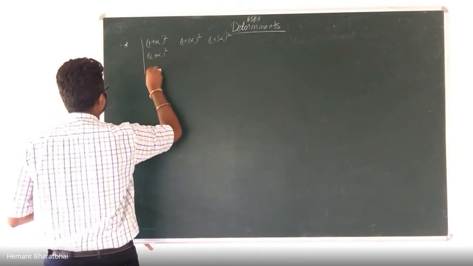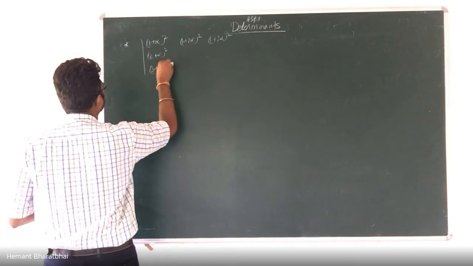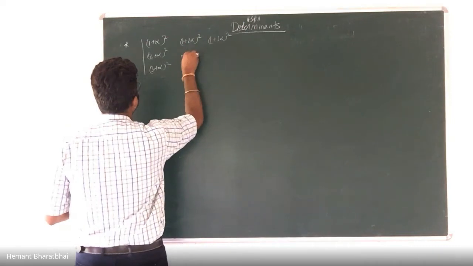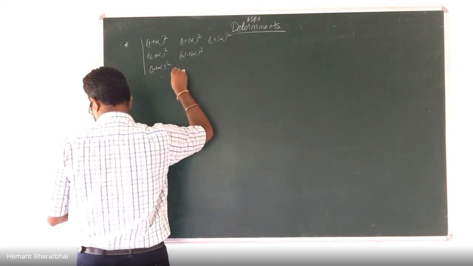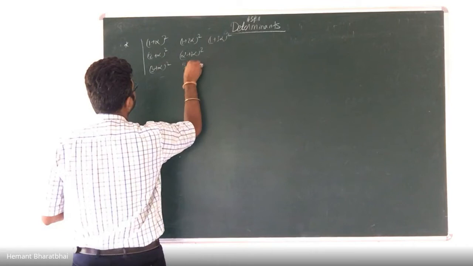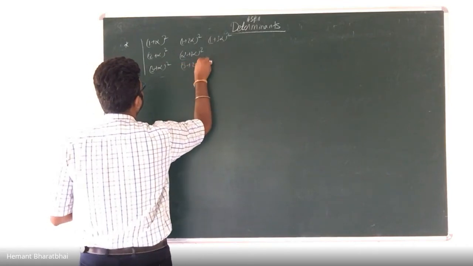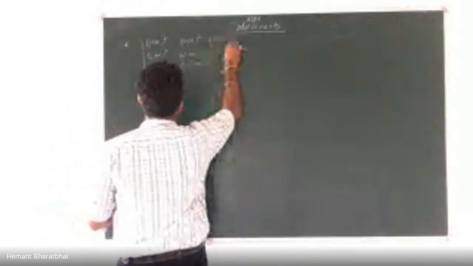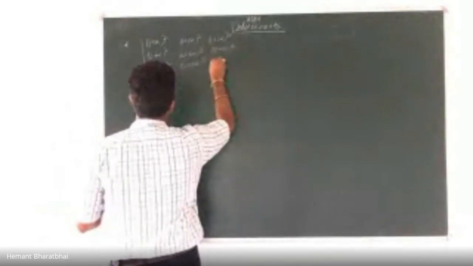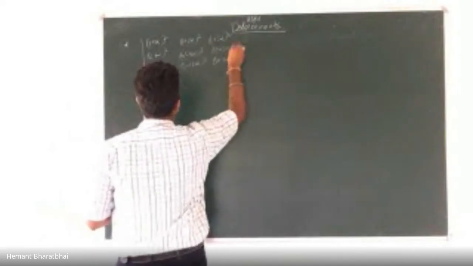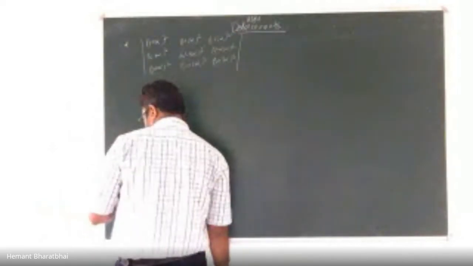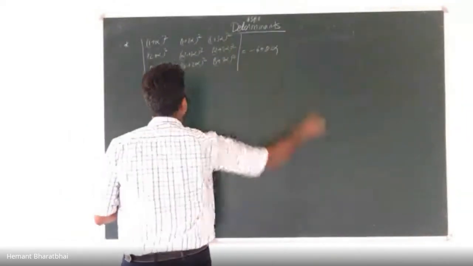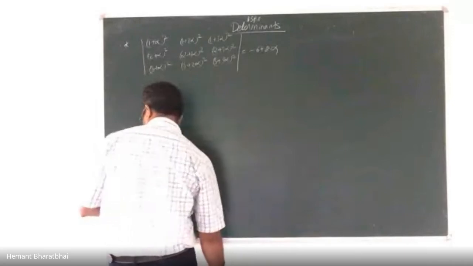2 plus alpha square, 3 plus alpha square, 2 plus 2 alpha square, 3 plus 2 alpha square, 2 plus 3 alpha the whole square, 3 plus 3 alpha the whole square, is equal to minus 648 alpha.